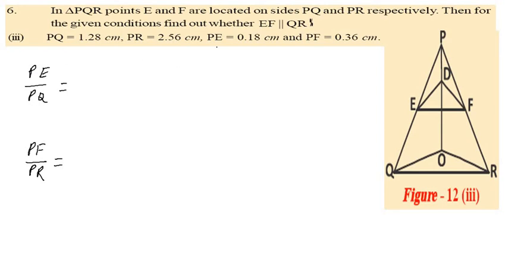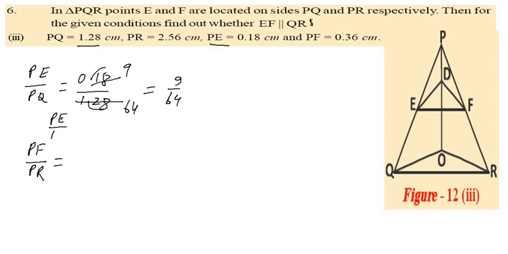PE is 0.18 and here is PQ, so you can write 1.28. Now remove the decimal. So 2 9s are 18, 2 6s are 12 and 2 4s are 8. So you have to write 9 upon 64. So PE upon PQ will be equal to 9 upon 64, and that is equation first.